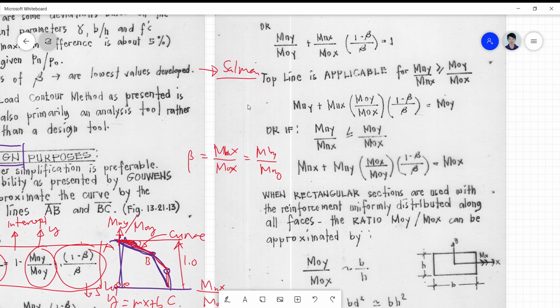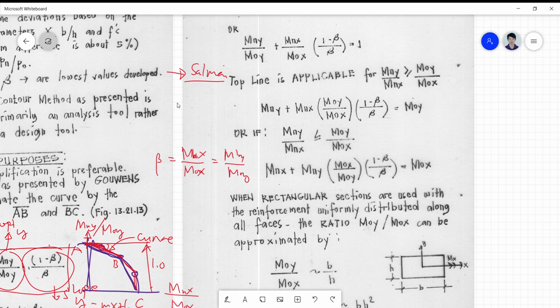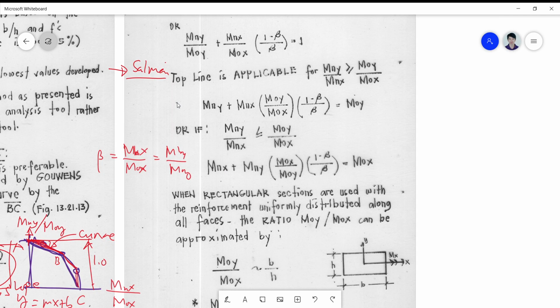Or, you can simplify it further. What to do now is you have a choice of whether to use the top line or the bottom line, depending on the value of your MNY over MNX.